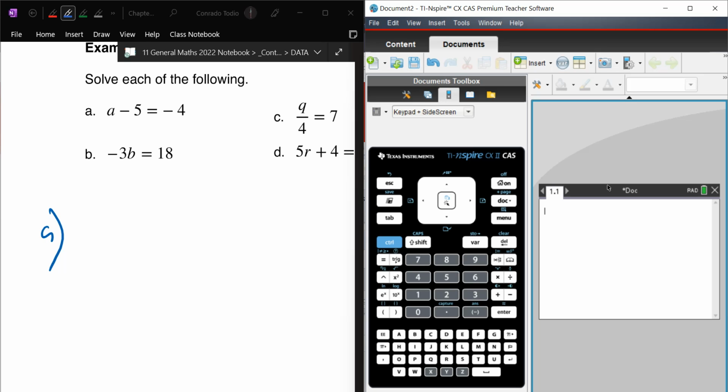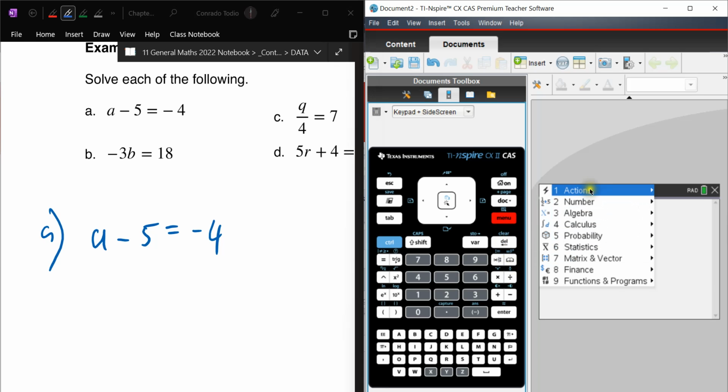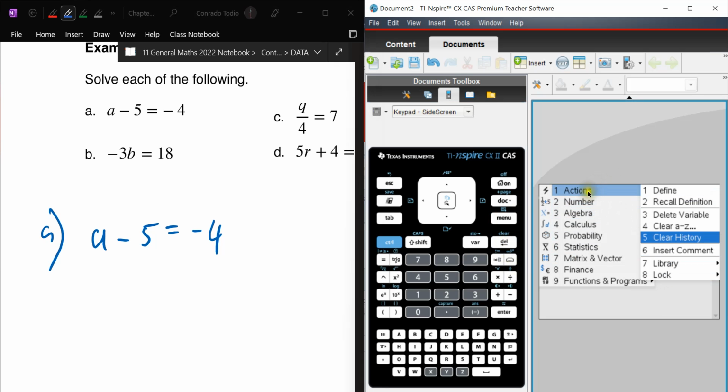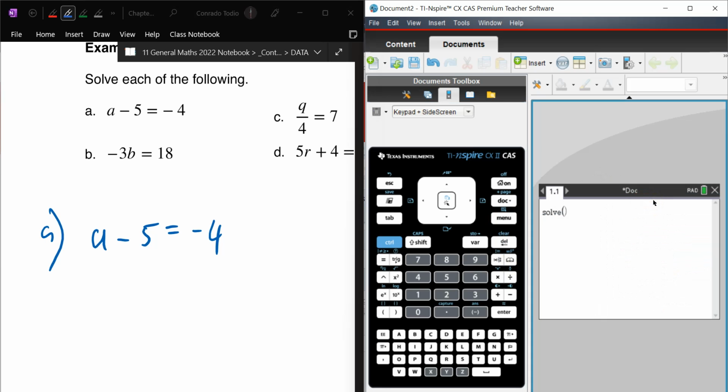Now I can see my equation here, A minus 5 equals negative 4. I'm actually not sure, I haven't done this in a while, but on the calculator, if you go menu, action, algebra, and then solve, I wonder if it works here. I'm just going to check.